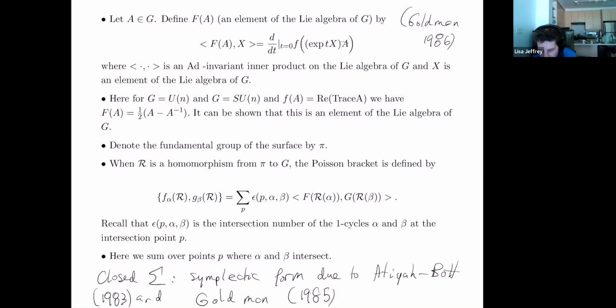Yes, I see what you're saying. It might be if you were using something like U(1), which is not semi-simple. But there are cases where we are restricting to semi-simple.